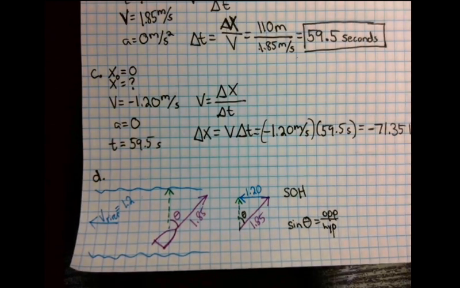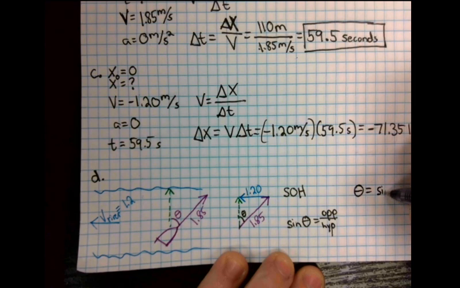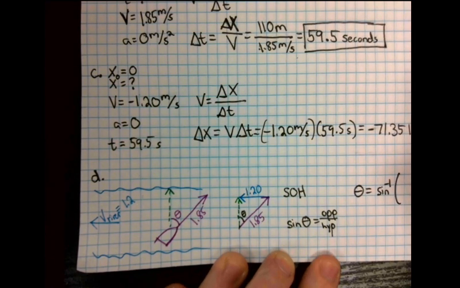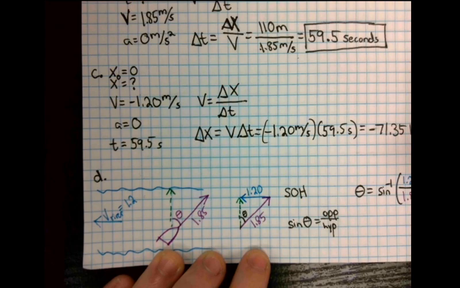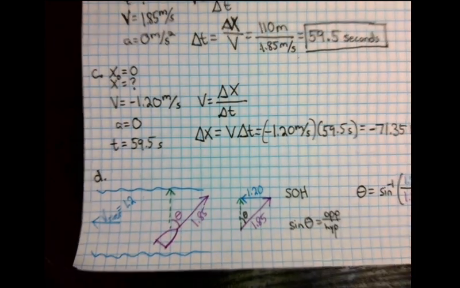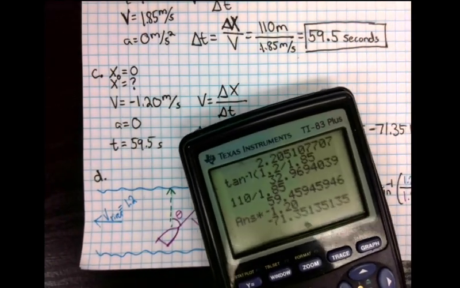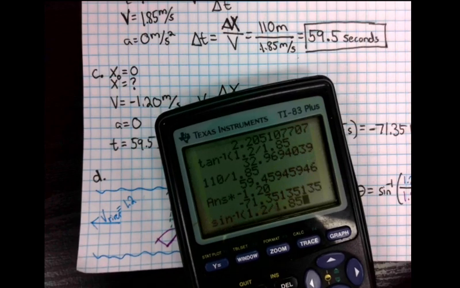If we rearrange that, we will get theta equals inverse sine of opposite over hypotenuse. The opposite is going to be our velocity of the river, so opposite is 1.20, and hypotenuse in this case is now our 1.85. So we're going to plug this into our calculator. Second sine of 1.2 over 1.85.